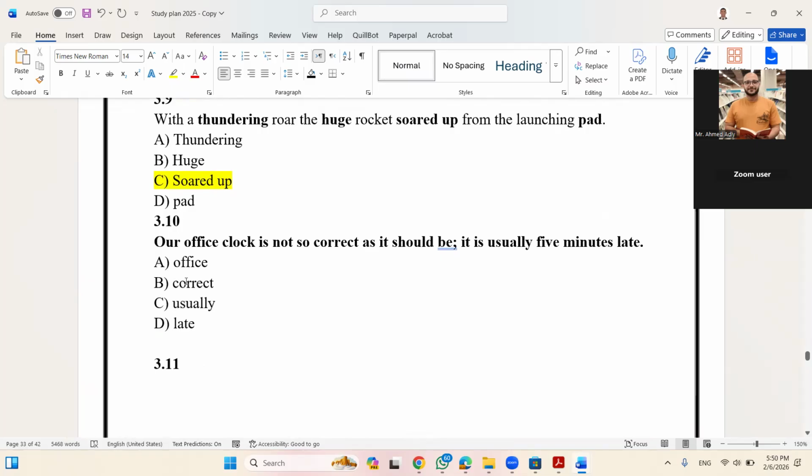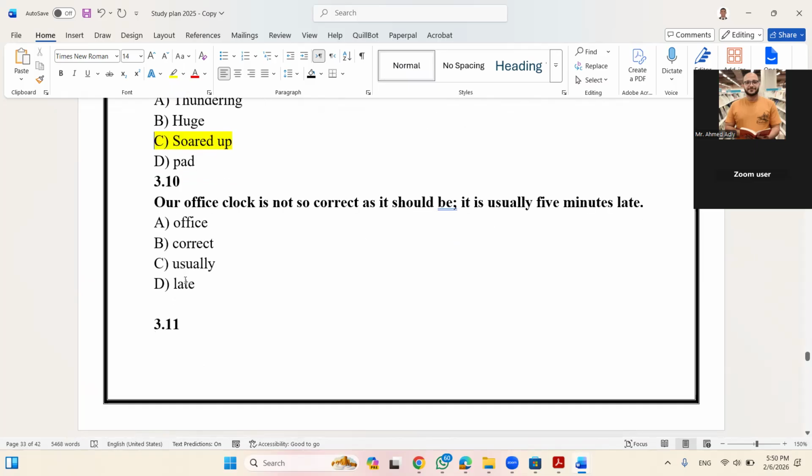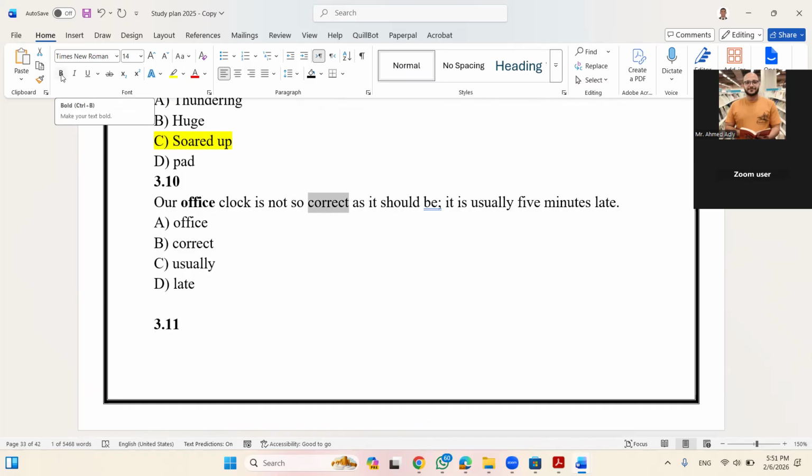Our office clock is not so correct as it should be. It is usually 5 minutes late. Usually. Can you replace it?